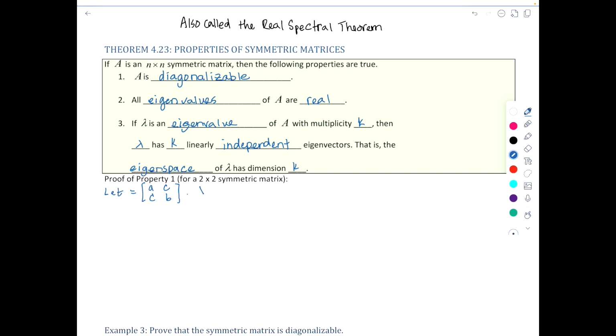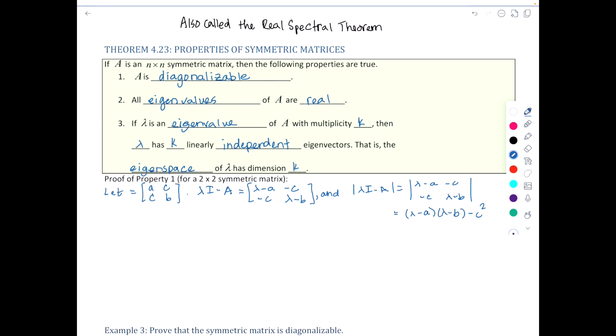And so lambda I minus A will equal lambda minus A, negative C, negative C, lambda minus B. And if we find the determinant of this, we're going to have lambda minus A times lambda minus B minus C squared.